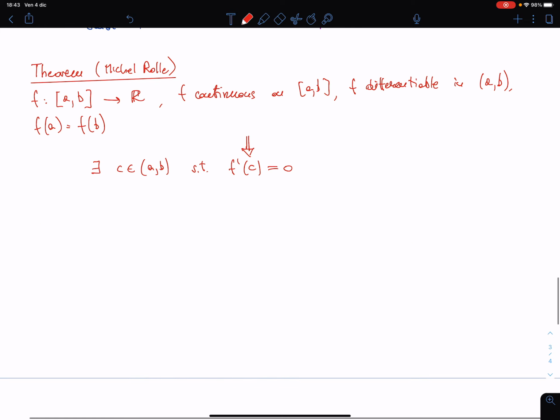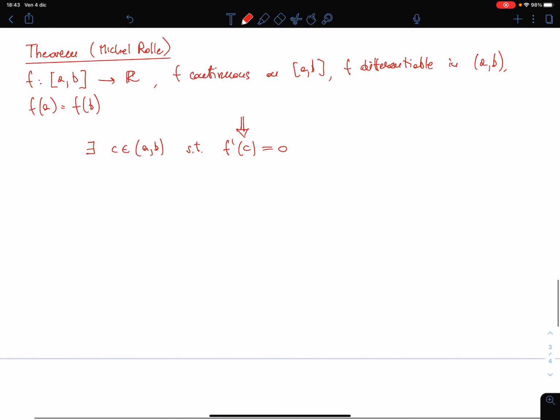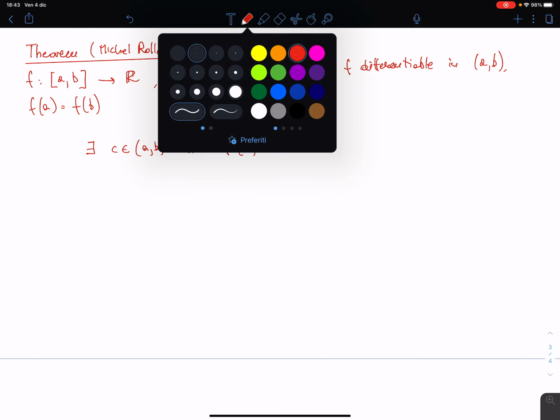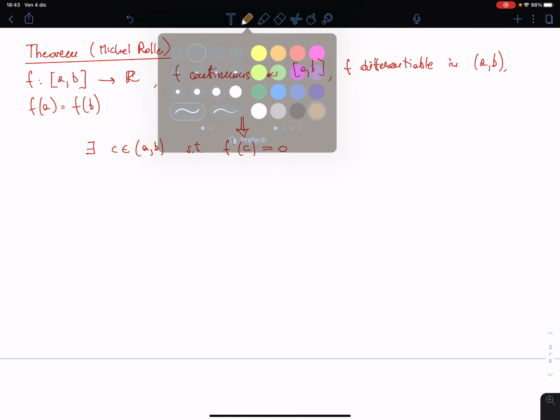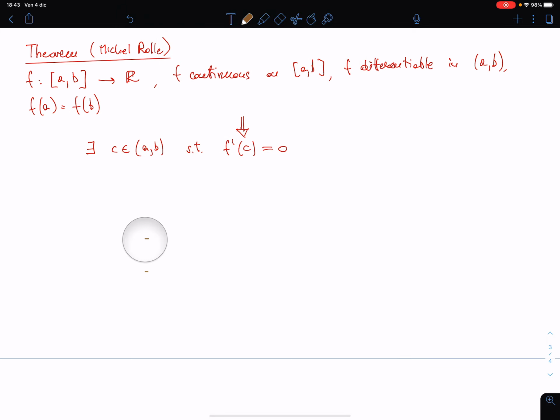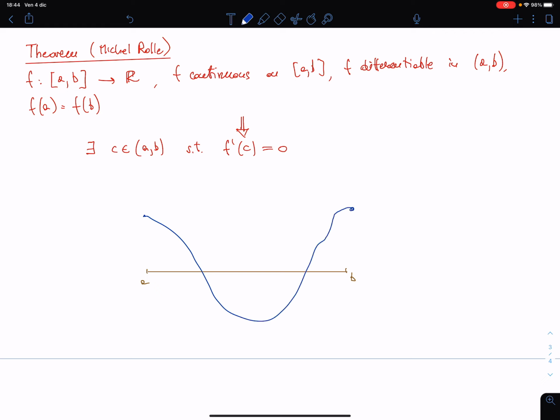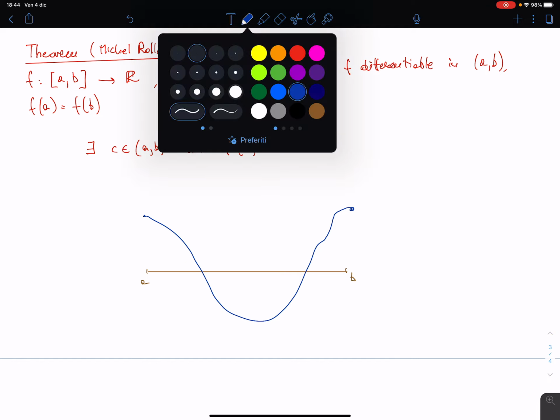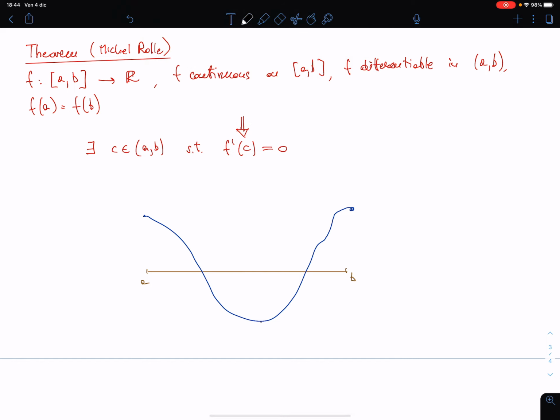Okay, this is quite easy to understand, because here consider an interval [a,b] here. So this is not a proof, this is just a picture. Then here you have f(a), which is equal to f(b), and the function is continuous, and now see that what happens is that there is at least one point where the derivative is equal to 0.